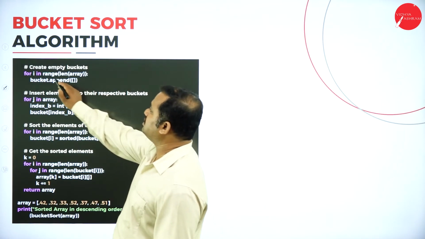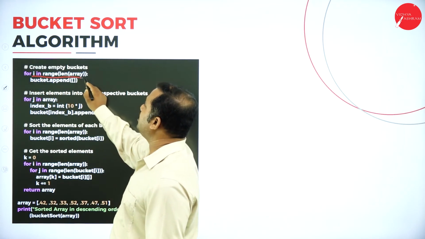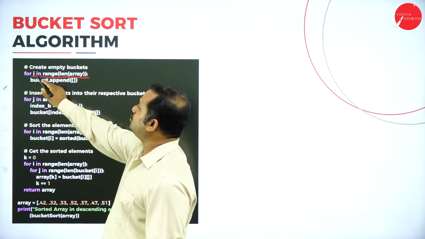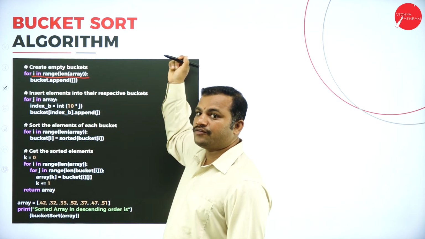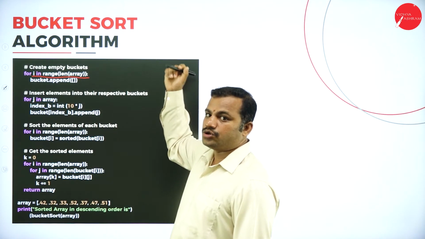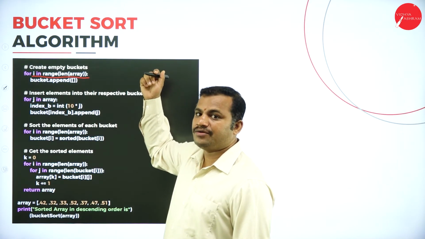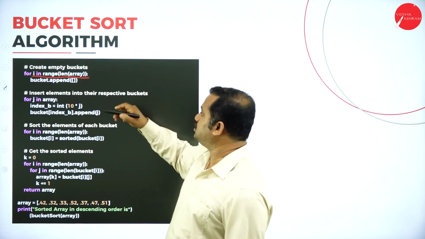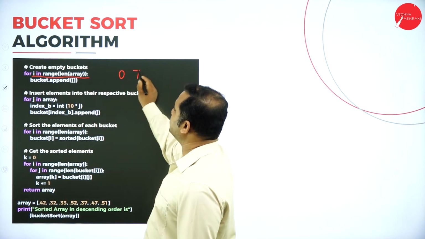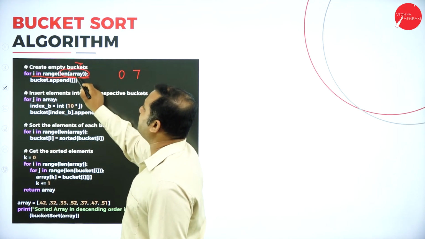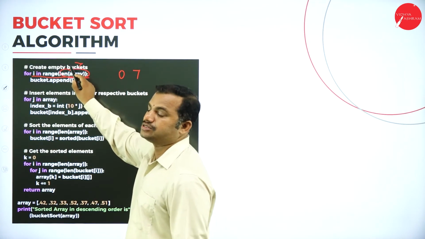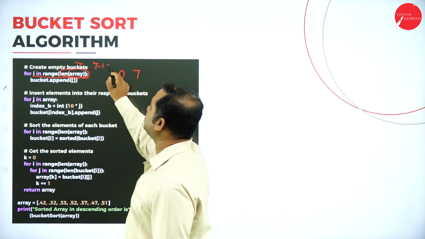Then we are going to consider the range of elements where i is varying from 0 to the range of the length of the array. Suppose the length of the array is 7, so the total number of elements in the array is 7. So 0 to 7 considers only 0 to 6, since Python considers only up to 7 minus 1, that is 6.